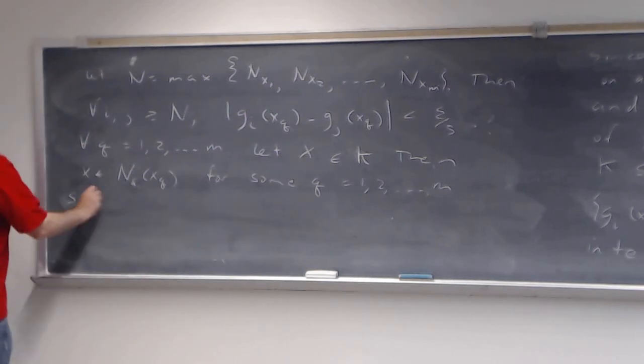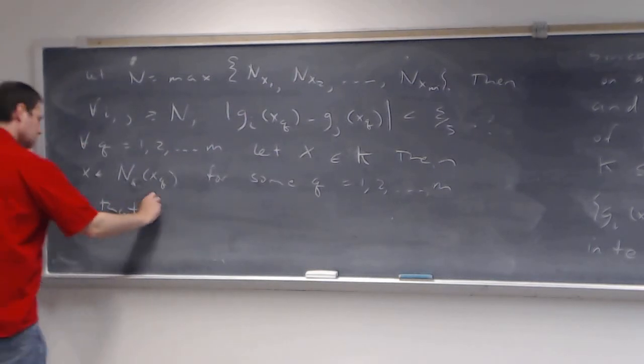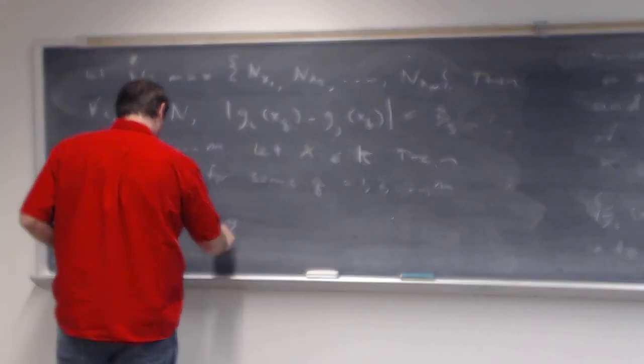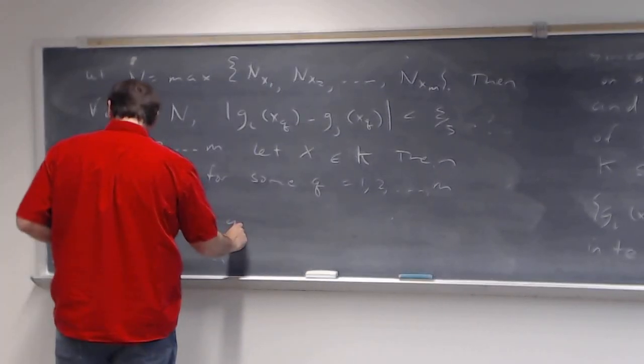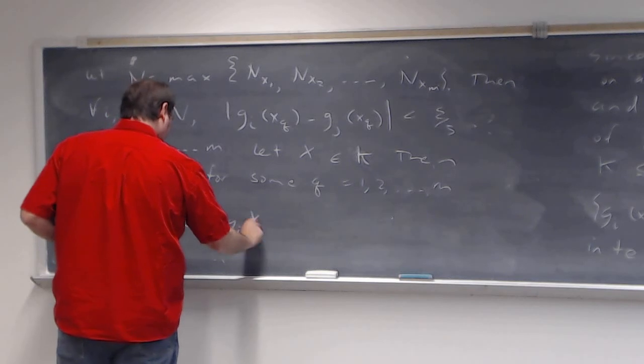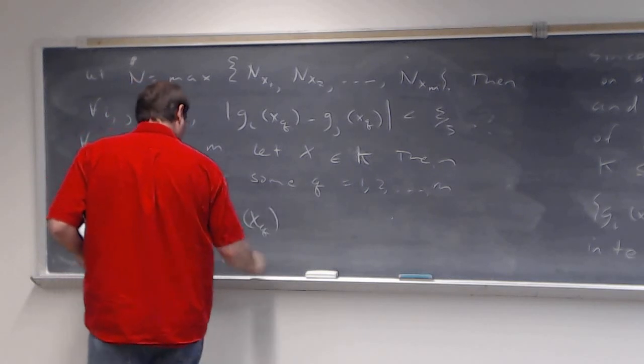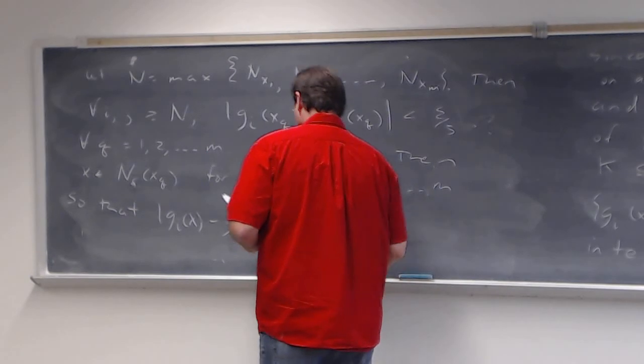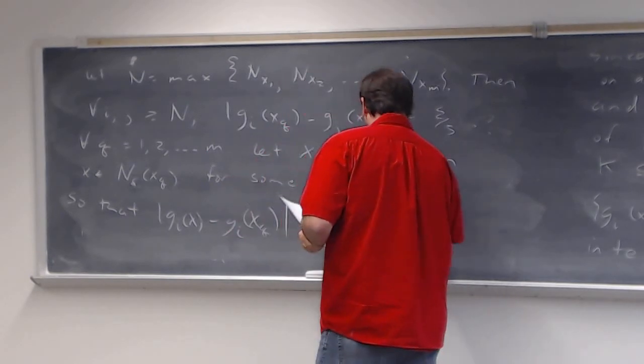So that |g_i(x) - g_i(x_q)| is going to be less than epsilon over 3. And that's true for all i.